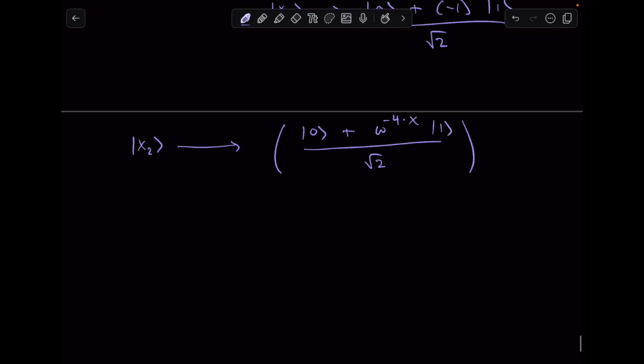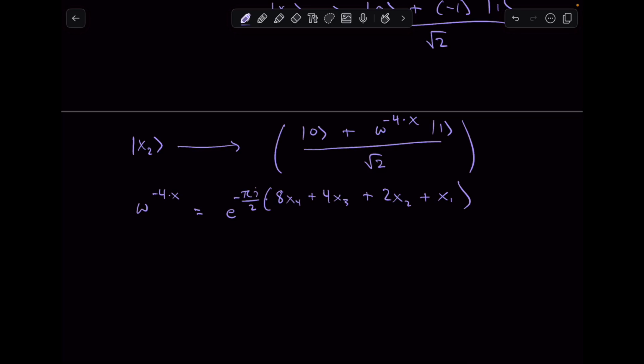So now let's do a similar thing. Plugging in the value for w again, we get that this thing is e to the minus pi I over 2 times x. And remember, x is 8x4 plus 4x3 plus 2x2 plus x1.